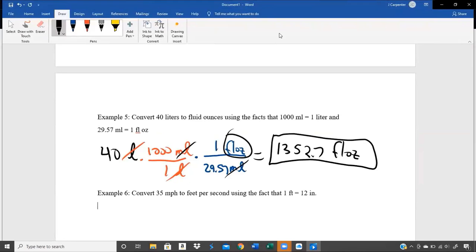If I were to ask you any of those in feet per second, you'd probably scratch your head and go, I don't know. But this is how you could find out. You could just do this type of conversion. So miles per hour to feet per second. Now, I only gave you the feet to 12 inches, just like I would do on a test or a quiz even. So how do we go from hours to seconds?